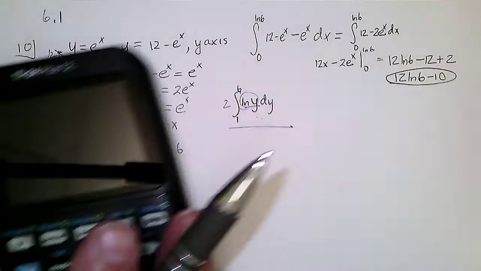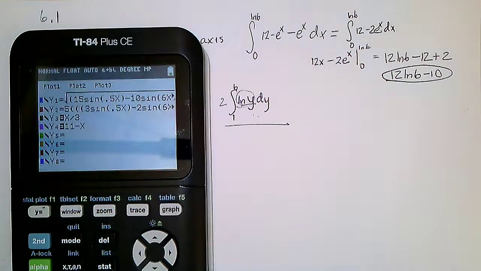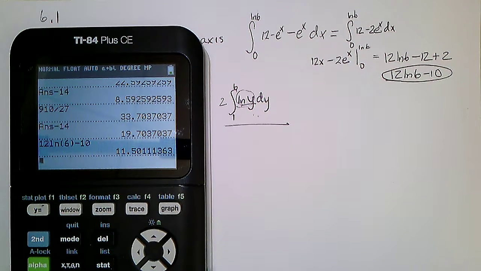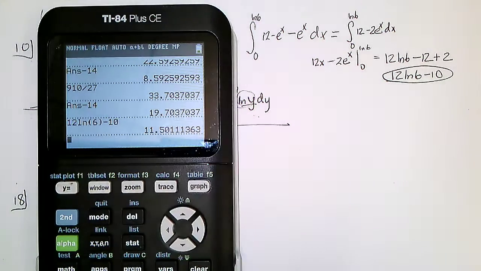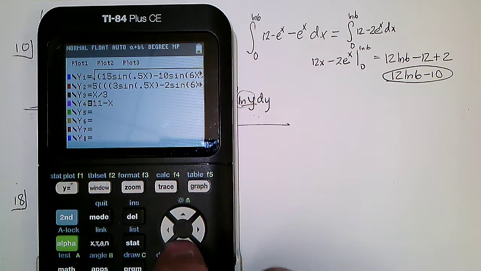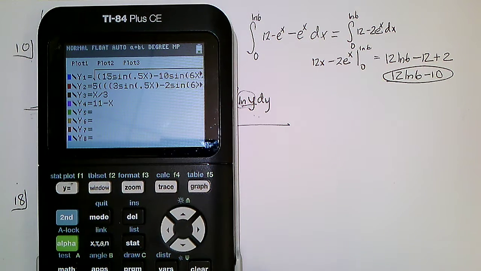Now let's just kind of check ourselves, though. We can do this on the calculator. Let's calculate this one: 12 ln 6 close parenthesis minus 10. And then let's check this one. Let's go to y equals, ignore my messes here and come down to this one, and we'll put in 12 minus 2e to the x.